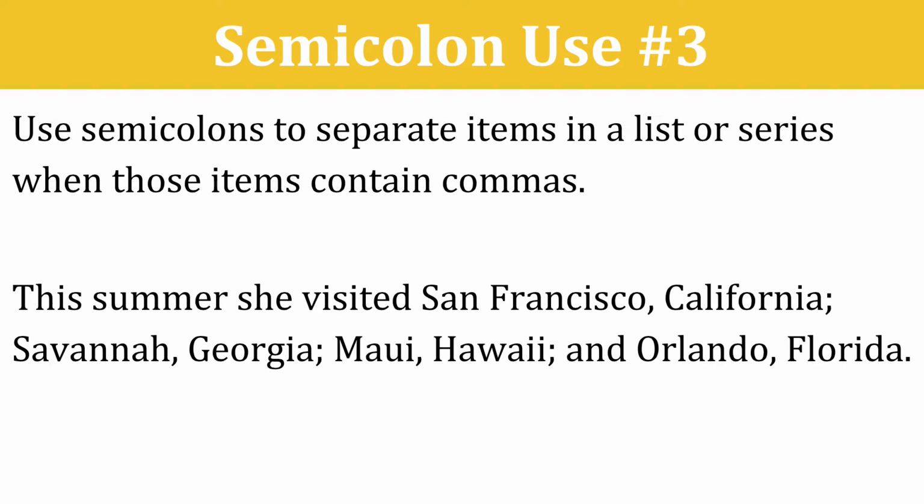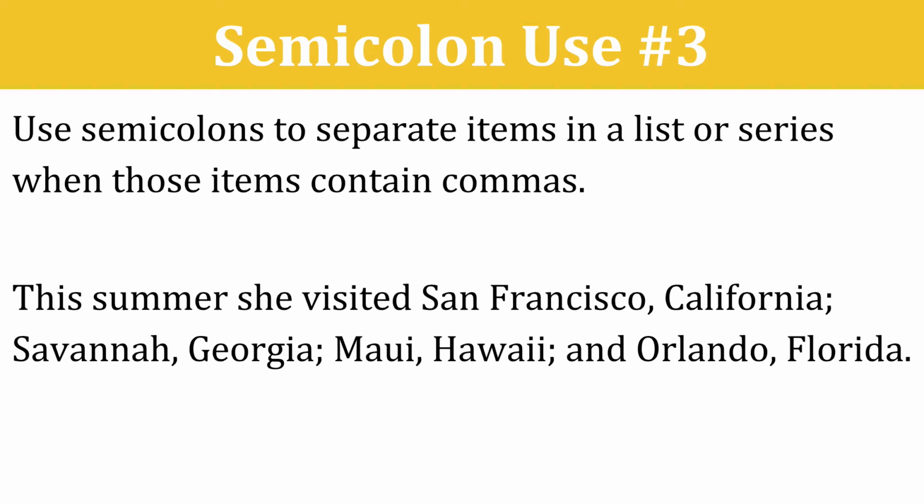The third semicolon use that's very common is to use semicolons to separate items in a list or a series if those items in the list or series contain commas. So in the example below, it reads, "This summer she visited San Francisco, California; Savannah, Georgia; Maui, Hawaii; and Orlando, Florida."